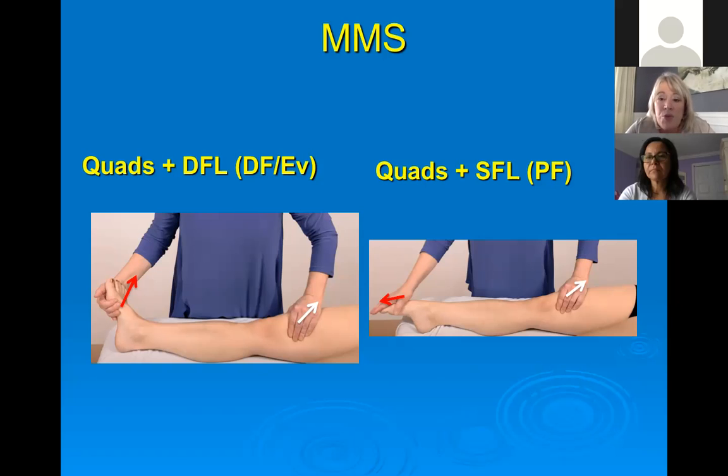You can also explore that superficial front line by adding plantar flexion and seeing. So it's the same anchor, but you see by plantar flexing if there's an increase in tension in your anchor hand. And the anchor, of course, can change position. You can go a little bit more proximally, a little bit more medially, a little bit more laterally. Don't be afraid to think about the vastus intermedius in this particular case.